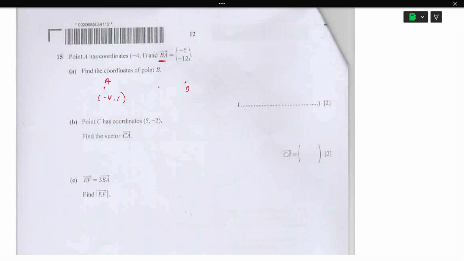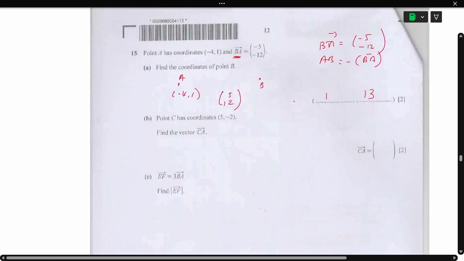This is saying B to A, so we have to take the opposite, we need to add. BA is -5 and -12. When we change into AB, it's the negative of BA. So we multiply by negative and it becomes positive. So -4 plus 5, which is 1, and this is 13.